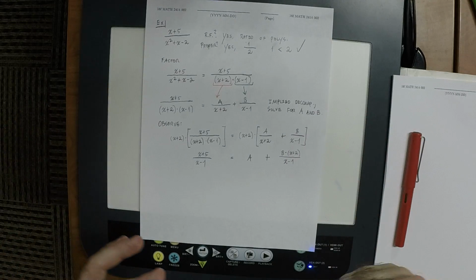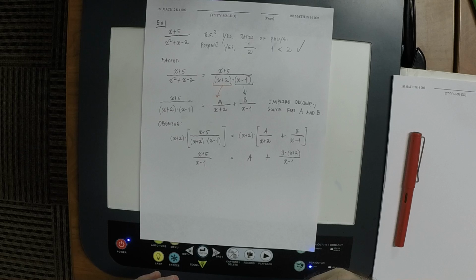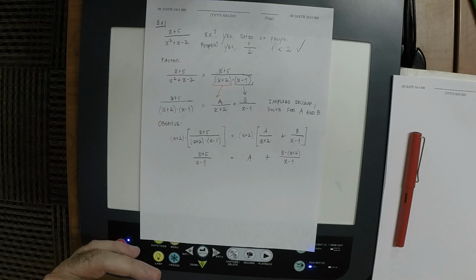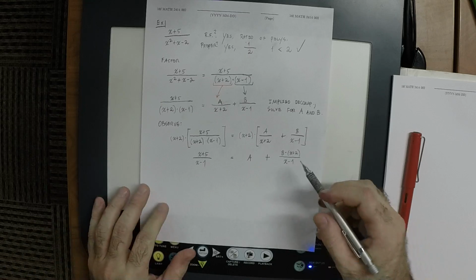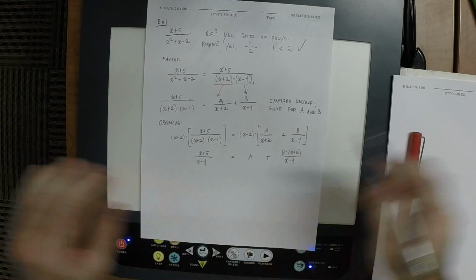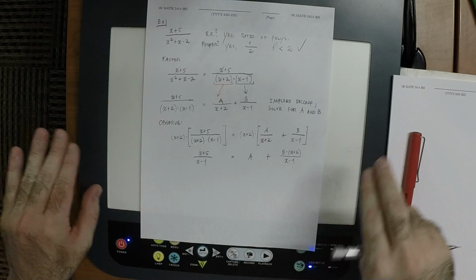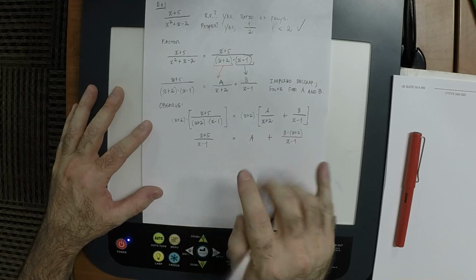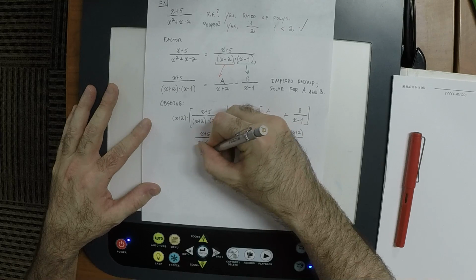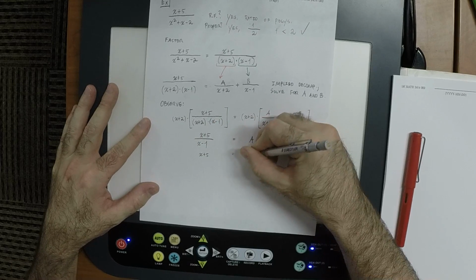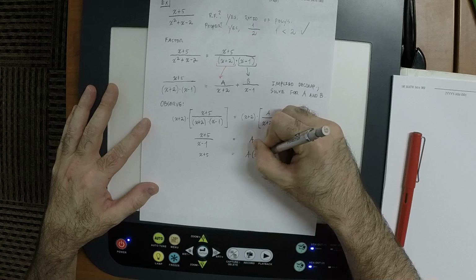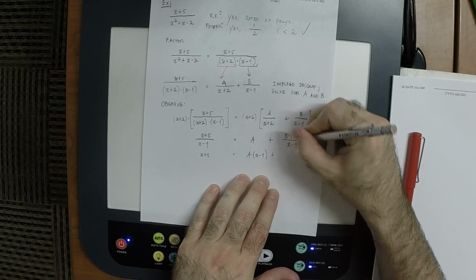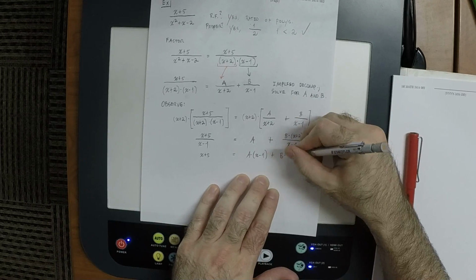So if it was a good idea to do it with x plus 2, then it's probably a good idea to do it with x minus 1, right? So I'll just do that without showing work, because I think you understand. If you multiply both sides by x minus 1, you get x plus 5 is equal to a multiplied by x minus 1, plus that x minus 1 cancels, and we get this.